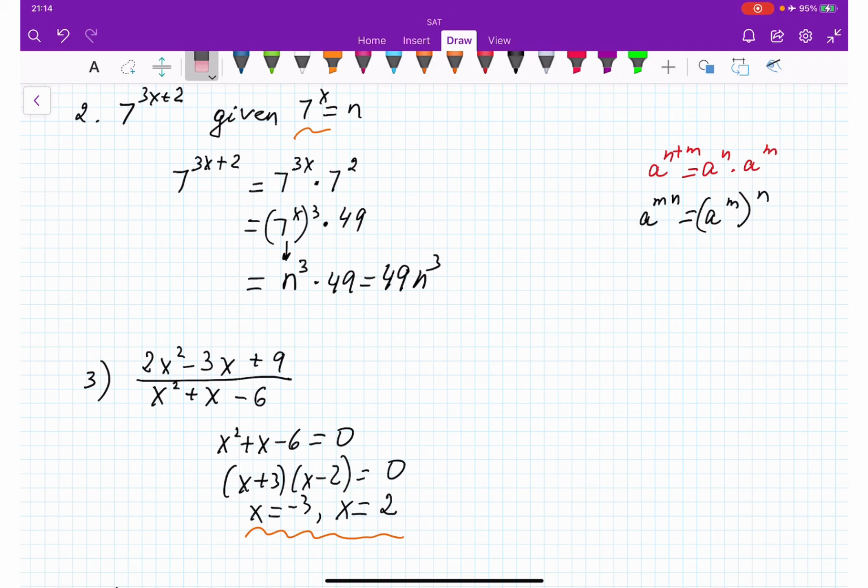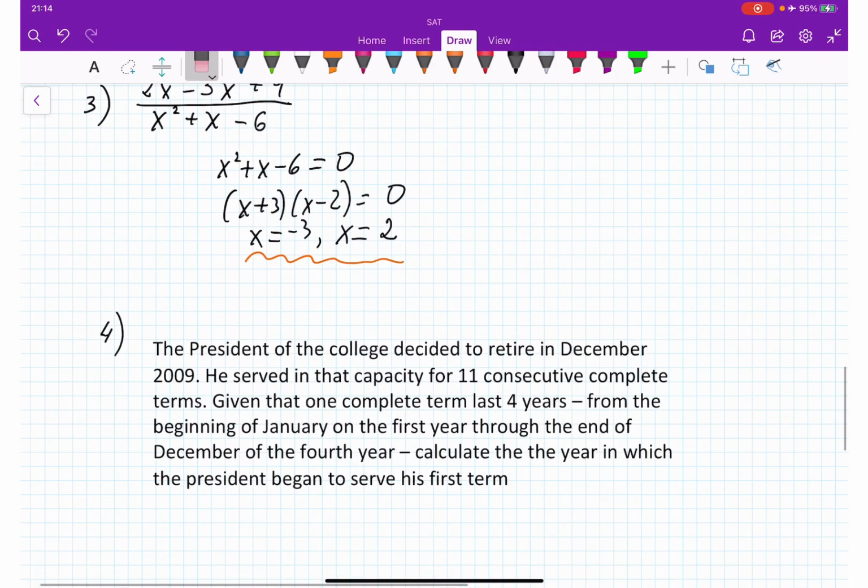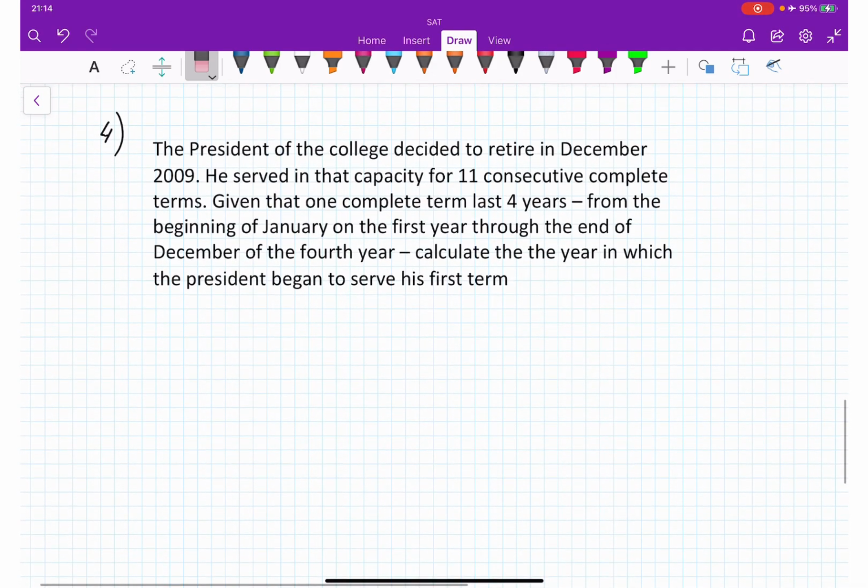Okay, problem number 4. What do we have here? The president of the college decided to retire in December 2009. He served in that capacity for 11 consecutive complete terms.